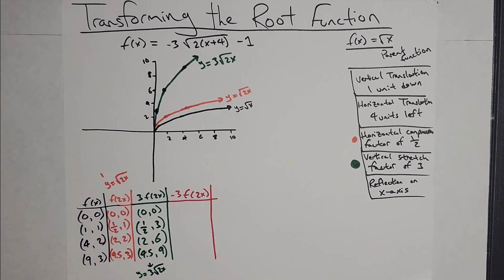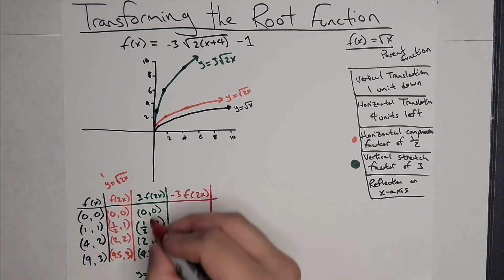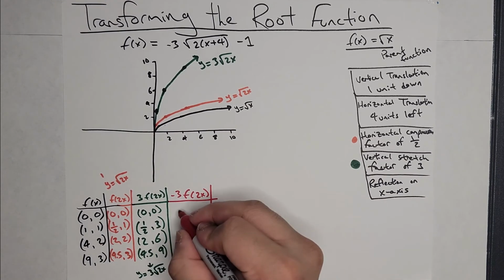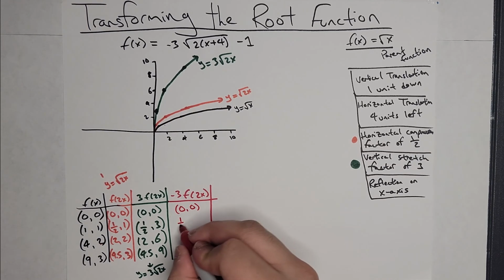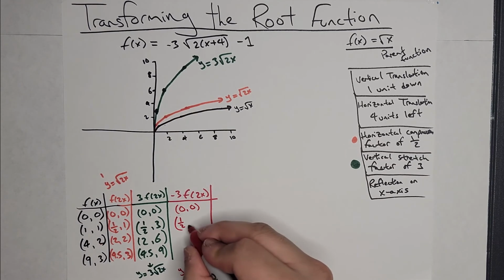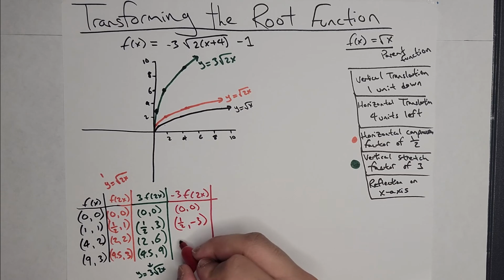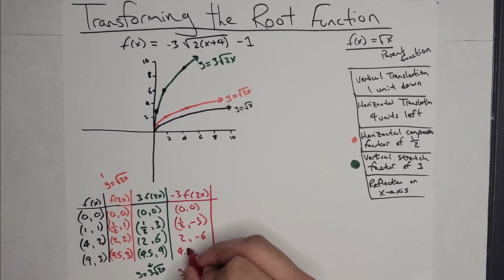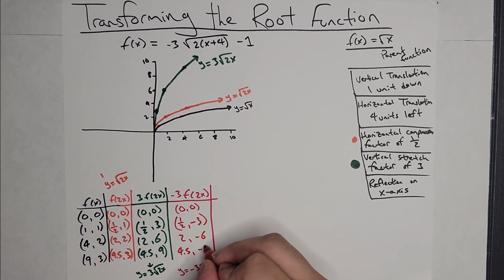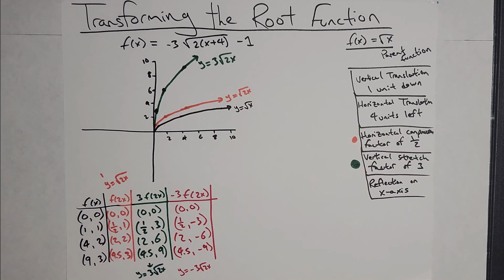And now the output, our y value, is going to be the negative of that. So our y values here will become negative, except our origin. So same with our 1 over 2. That's going to be negative 3. Our 2 will become negative 6. Our 4.5 will become negative 9.